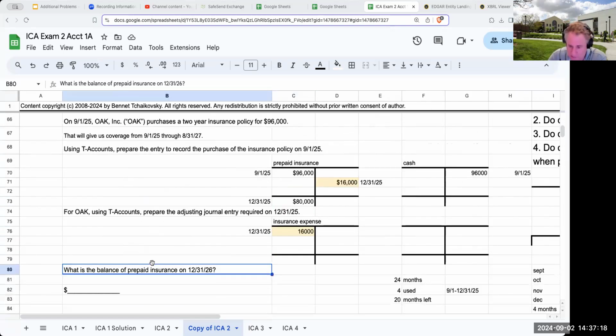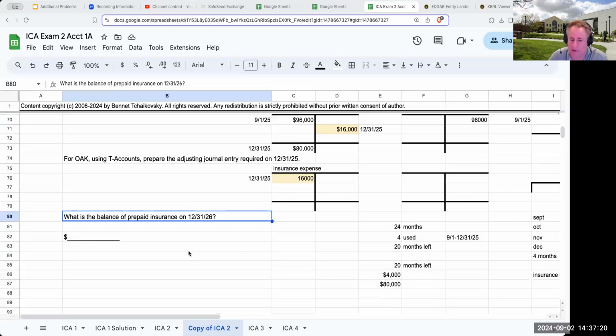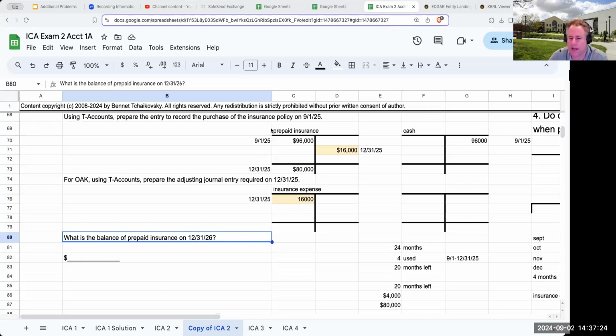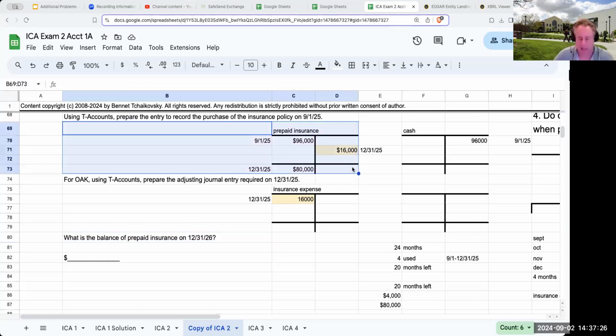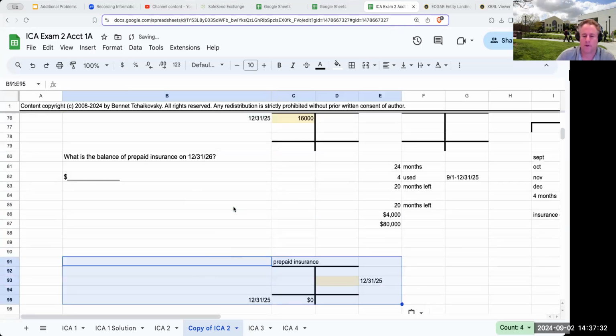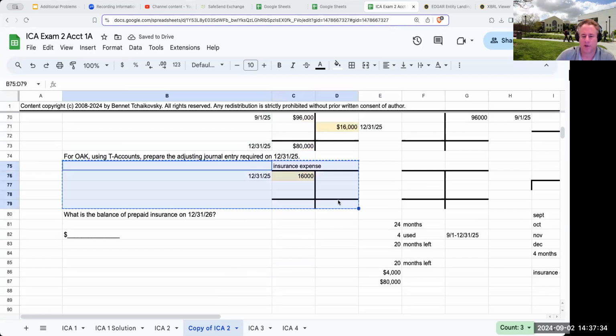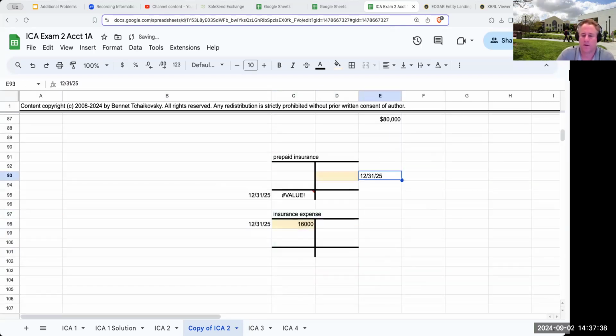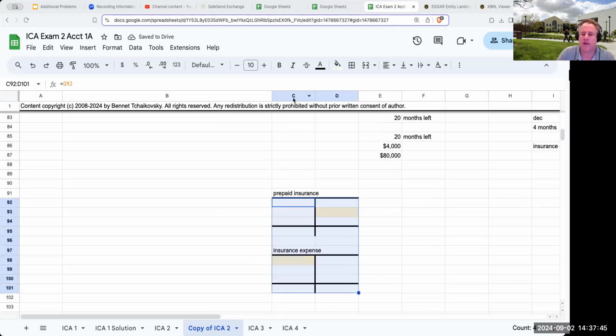Now, it's asking us, what is the balance of prepaid insurance? Well, let's go through and have some more fun. If I take my prepaid insurance and then my insurance expense right down over here, what happens at the end of the year?